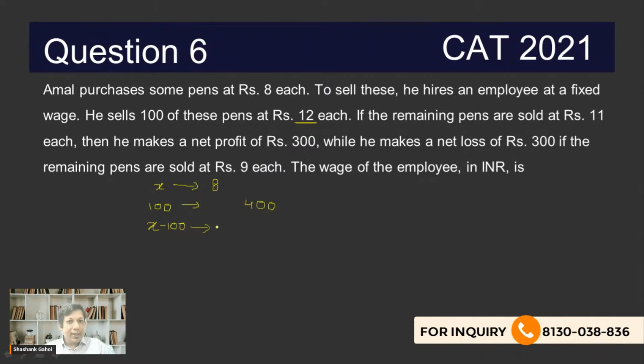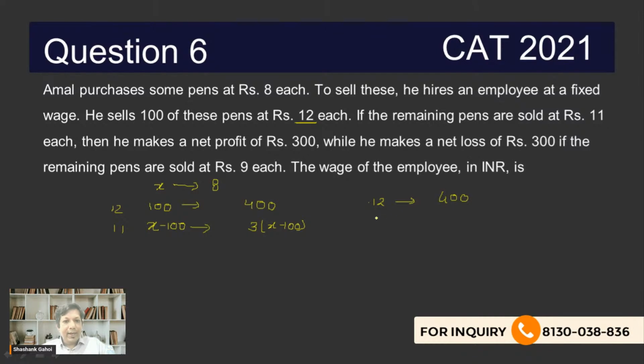The remaining pens I am selling at 11 rupees, so I get a profit of 3 on each of these x minus 100 pens. Now the second condition: if I'm selling at 12, my profit is 400.